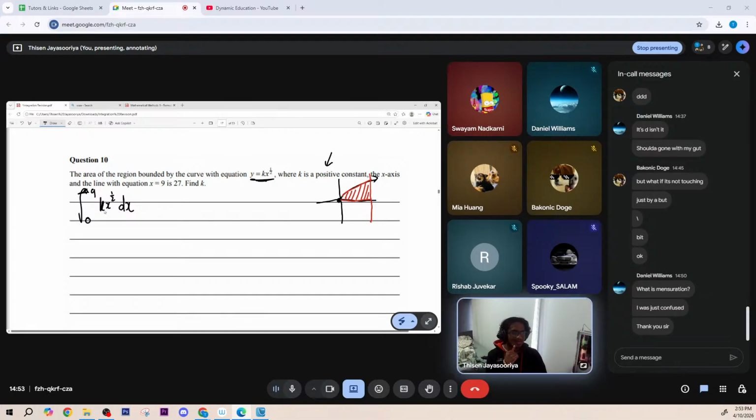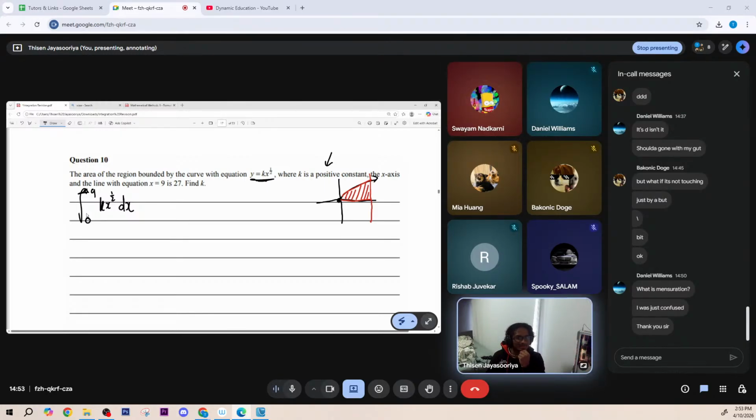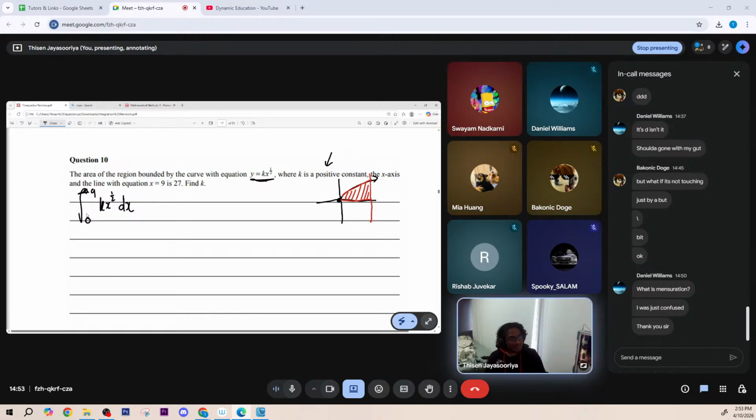So here, why are you writing this integral, though? Because it's just sort of sitting by itself. But we're trying to find the area, so won't you write the integral? We're told the area is 27, and it wants us to find k.